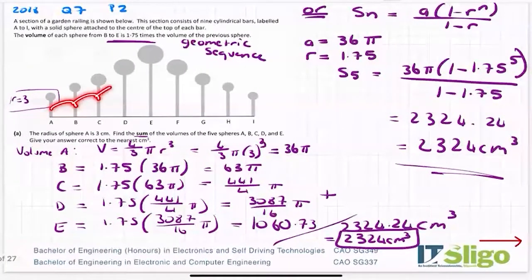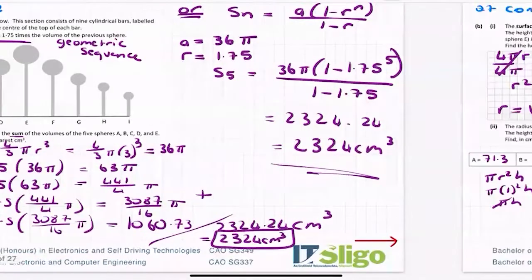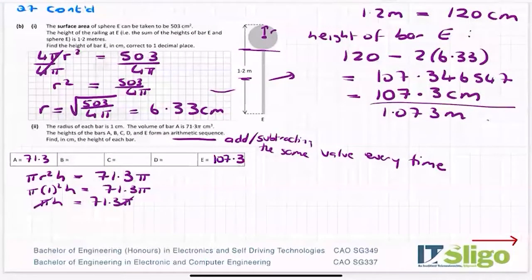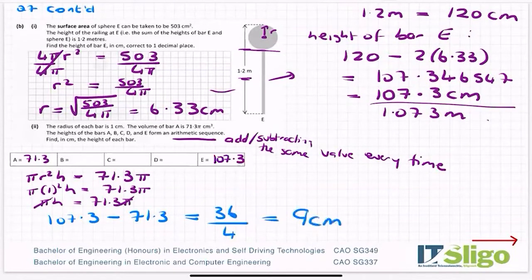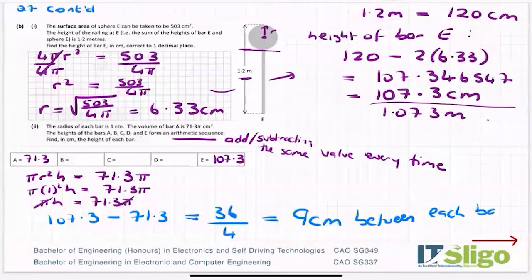Because I have 1, 2, 3, 4 different jumps from term to term in this. Okay, so I am saying if I take 107.3 and I subtract from that 71.3, I get 36. Okay, and I have 4 jumps from that, so there is 9 centimeters between each bar.